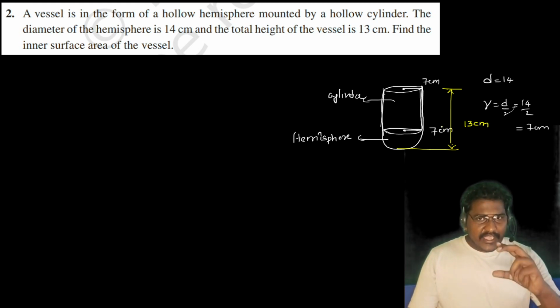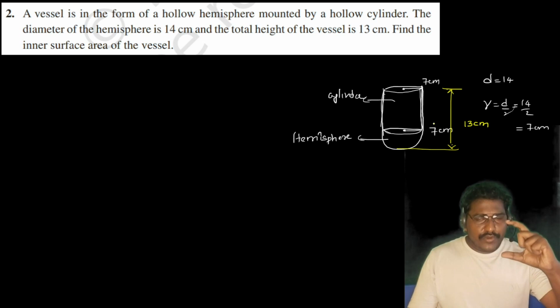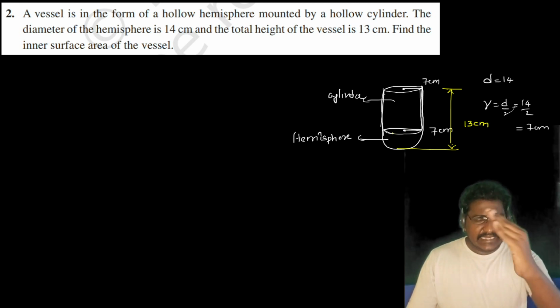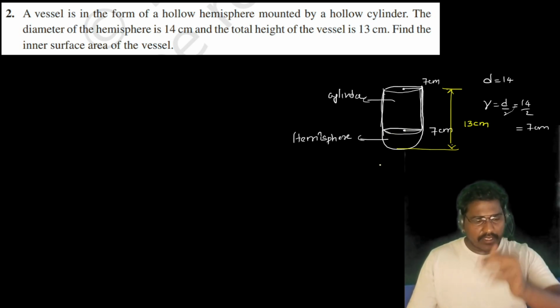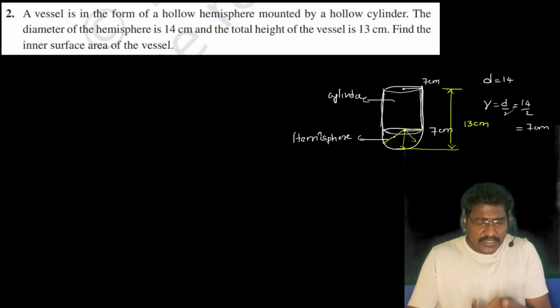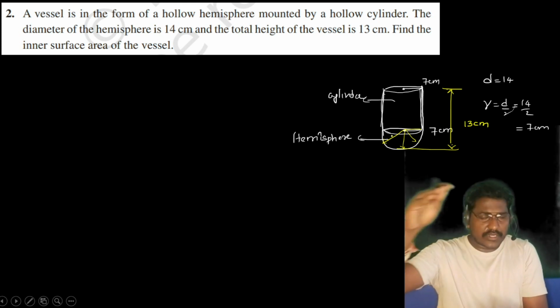Now, if total height is 13 centimeter, we know that hemisphere will have the same common radius throughout its shape. This will be 7, this will also be 7, this will also be 7, because it's a sphere. Sphere means it will have the same common radius from center to any outer part.